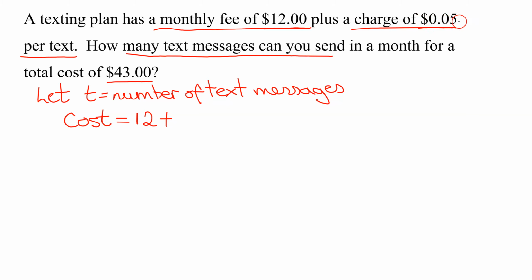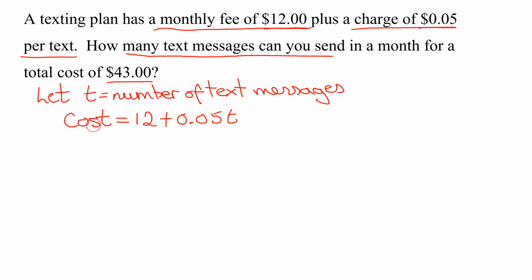Three, three times that. But since I have T texts, it's going to cost me 0.05 times T. So to figure out how much comes from the charge of the texts, you just multiply the cost for one text by the total number of texts.